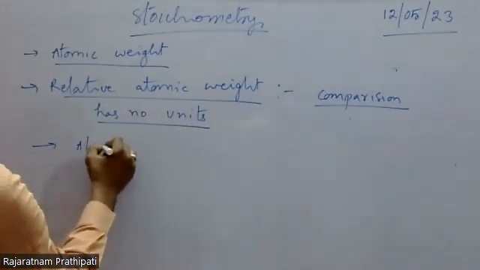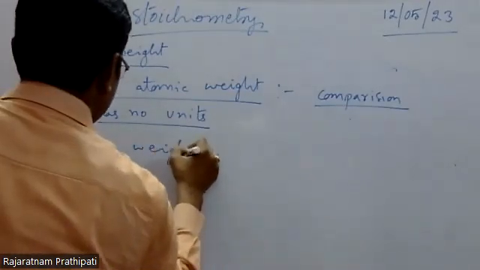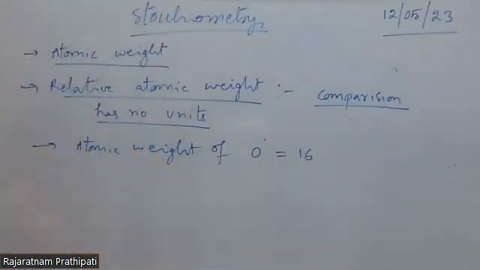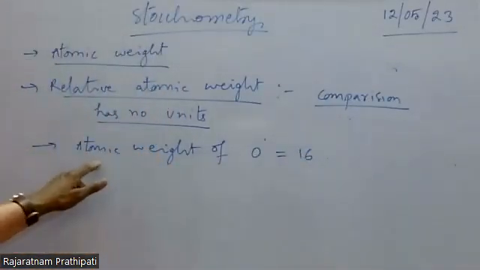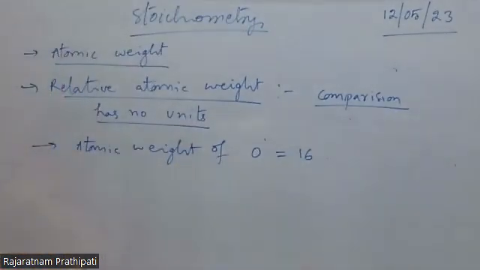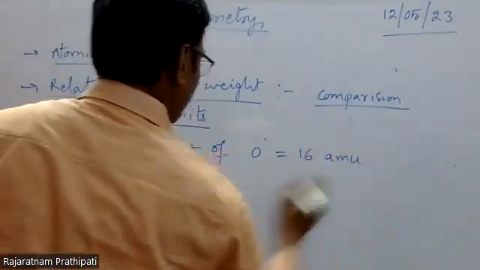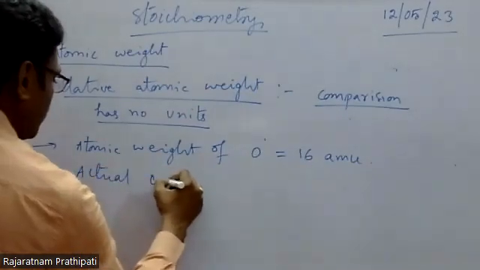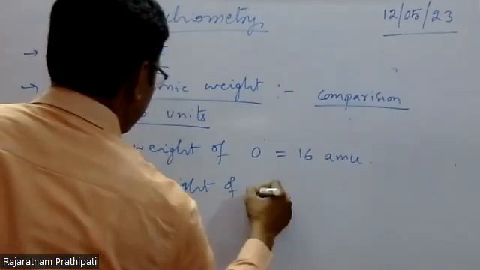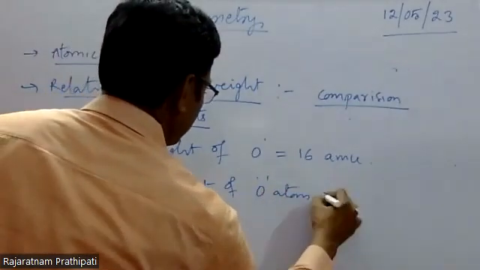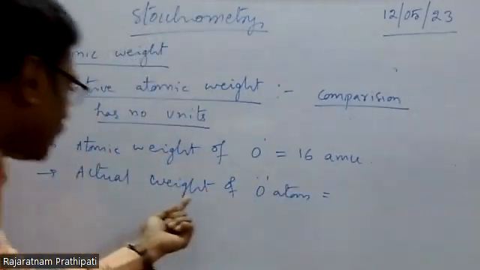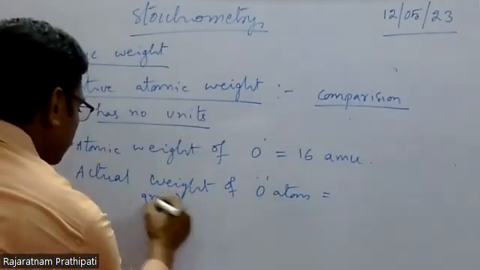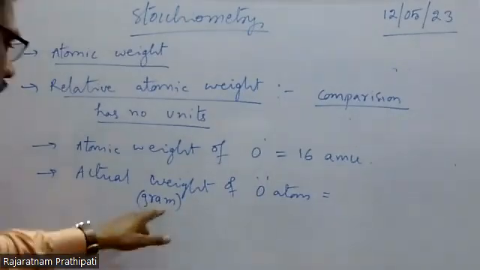Simply, here the atomic weight of oxygen is 16. Relative atomic mass of oxygen is 16, or 16 AMU. If you consider the actual mass, the actual weight of the oxygen atom, it has a unit, that is grams.